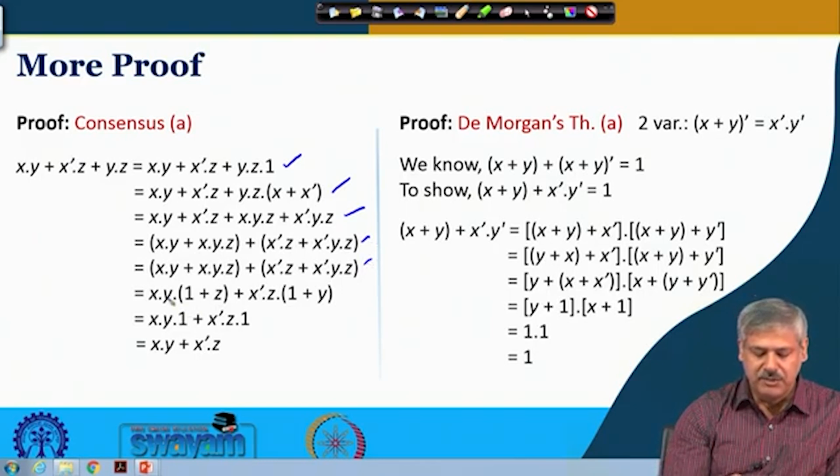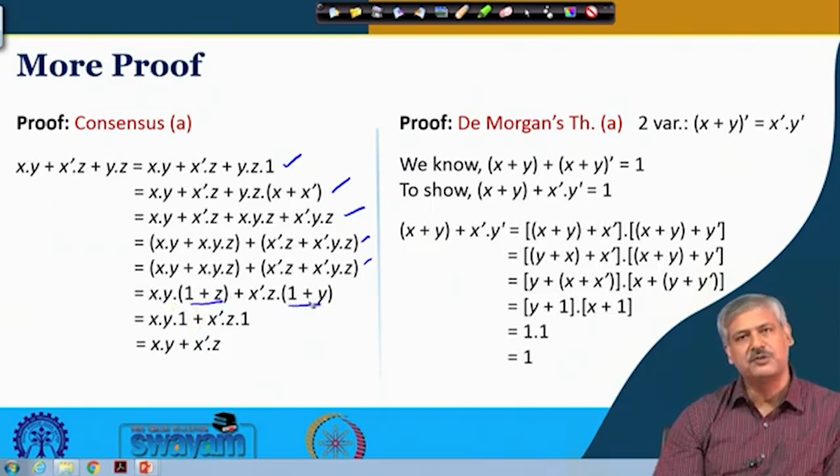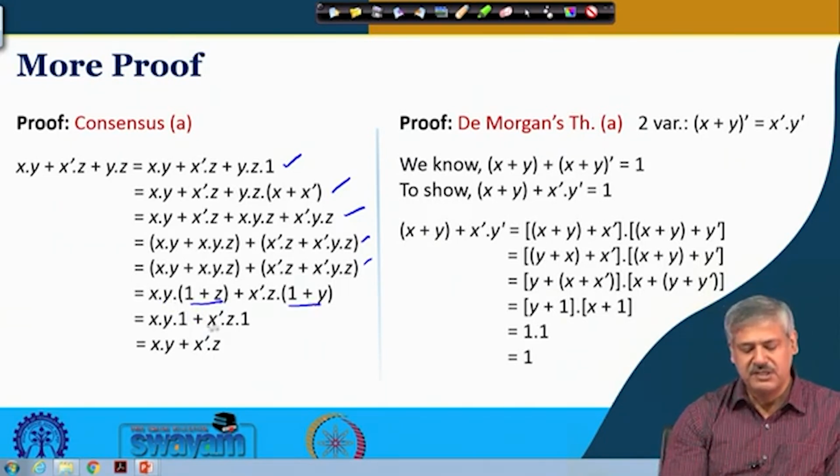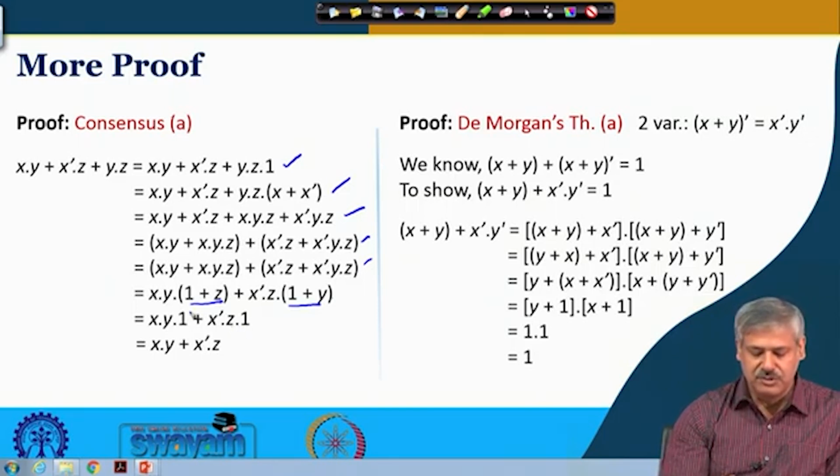And then if you just take x y out, then 1 plus z comes over here, 1 plus y comes over here. So again 1 plus z is 1, that is again a basic theorem we have derived from postulates. Okay. So this is your null postulate.